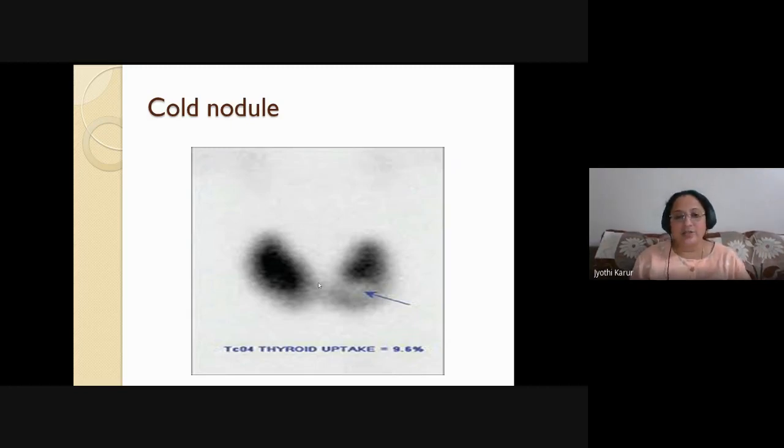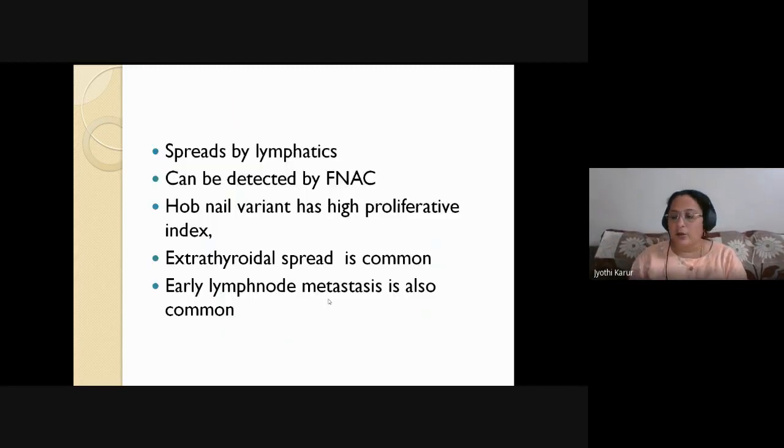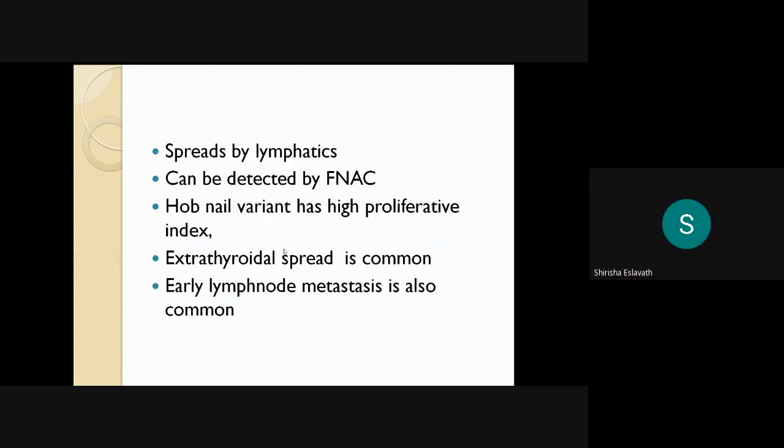On further history, you should know the age of the patient, from which area she has come, and how long this tumor has been there. Based on all that history along with this finding, we might arrive at the diagnosis of papillary carcinoma of thyroid. Are you with me till now? Yes, ma'am. Okay, thank you.